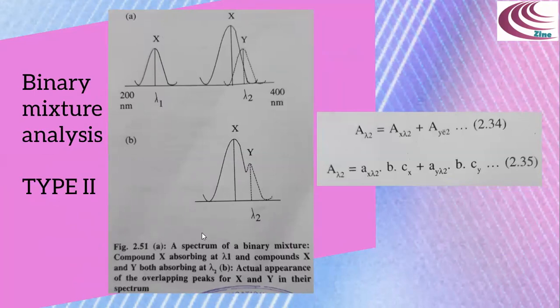Here in this diagram, you are observing a spectrum of a binary mixture, that is compound X absorbing at wavelength 1 and compounds X and Y both absorbing at wavelength 2. Whereas in the second case, the actual appearance of the overlapping peaks for X and Y in their spectrum.